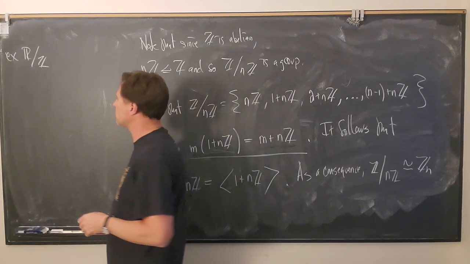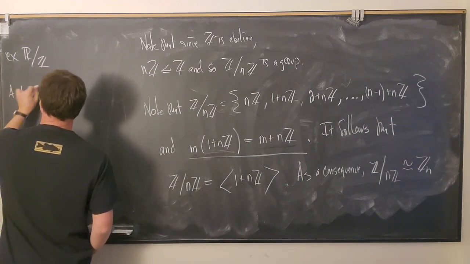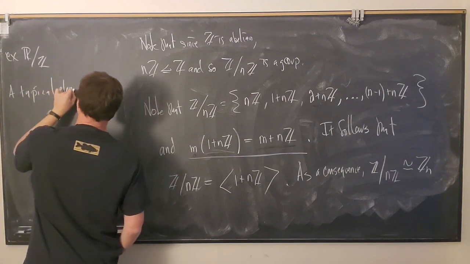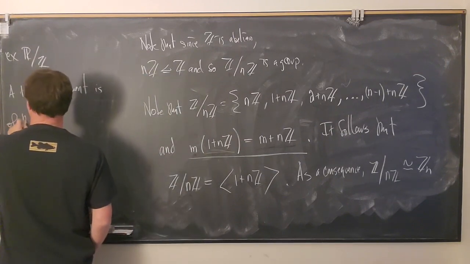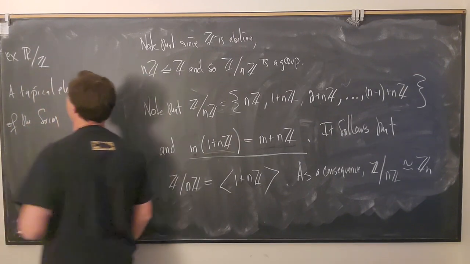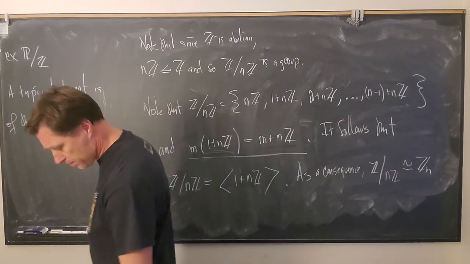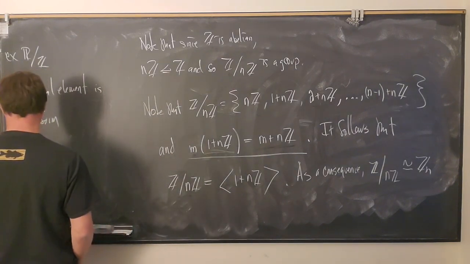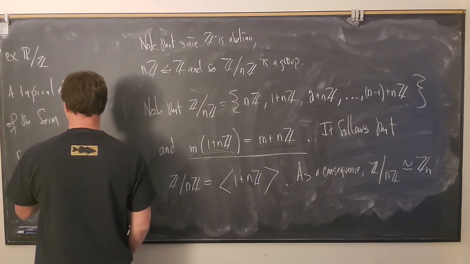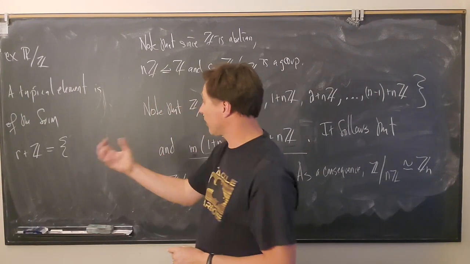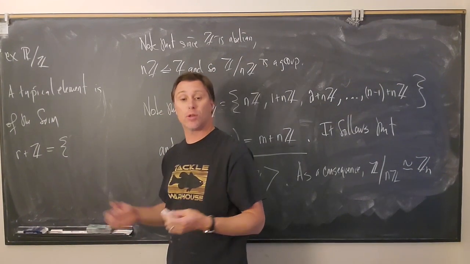And so what does a typical coset look like? A typical element is of the form r plus Z. What you do is you take every integer and add r to it. So r could be any real number. r could be 1/2, a fraction.